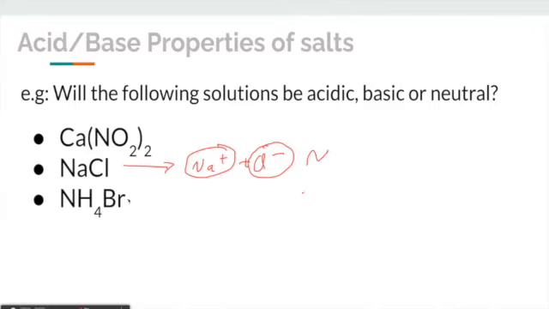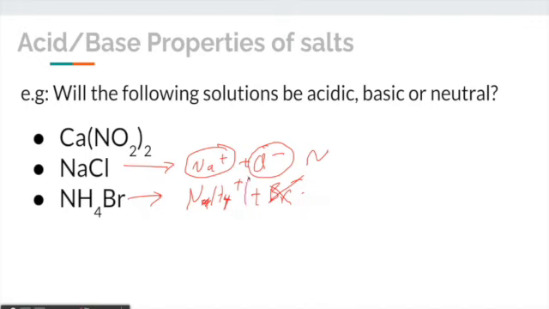Another example, ammonium bromide. This is going to split up and give you NH4 plus, ammonium, and bromide. The bromide is going to have no effect on pH because it is the anion from a strong acid, hydrogen bromide or hydrobromic acid.